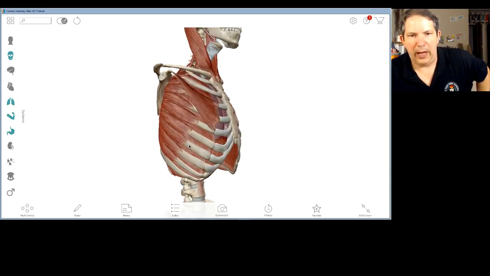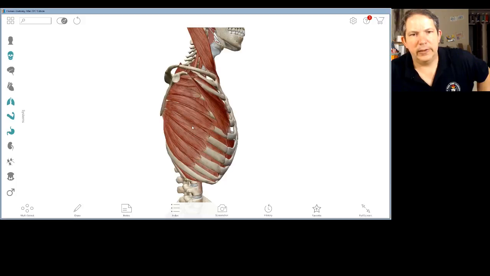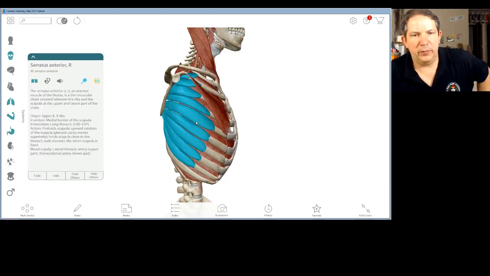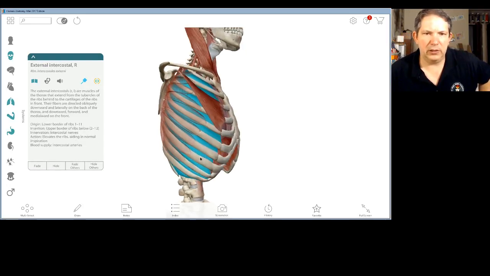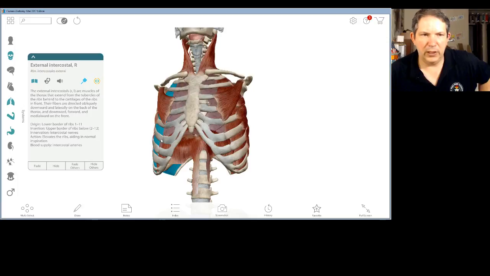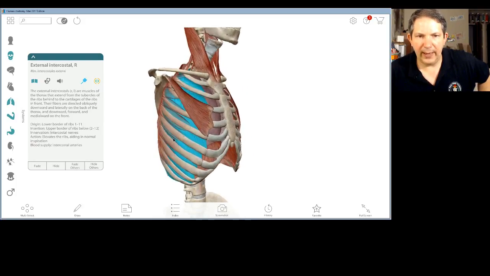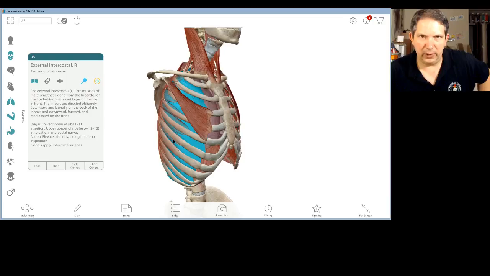Okay, so how do you do that? Well, the serratus anterior get involved, but I'm going to skip those. Let's talk about the external intercostal muscles. You have muscles that go in between your ribs. They're intercostal muscles, and there are both external and internal intercostals.